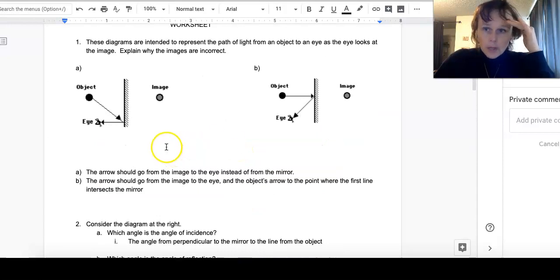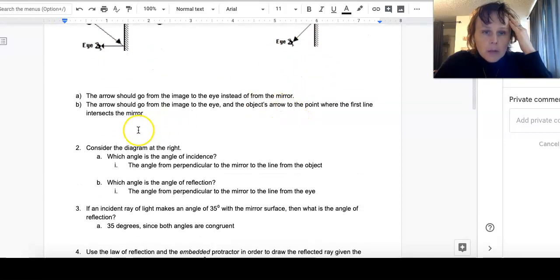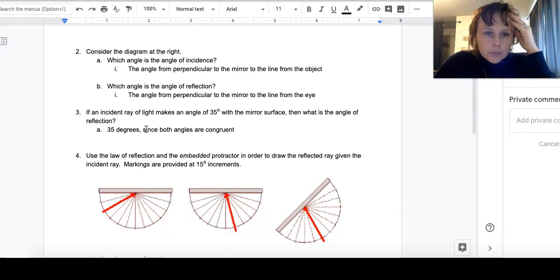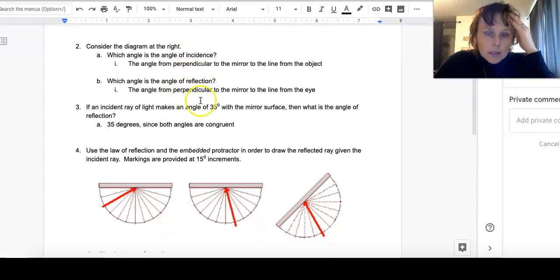A lot of you answered correctly that yes, the ray of incidence should go towards the normal, and the normal should be drawn between the image and the eye. That's similar for the second problem. A lot of you answered this correctly.